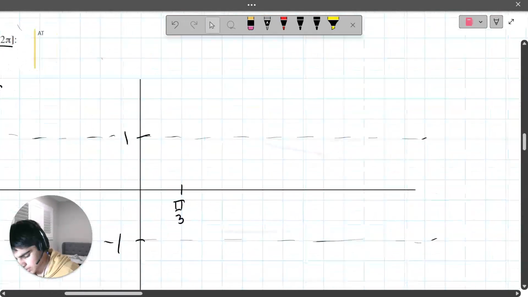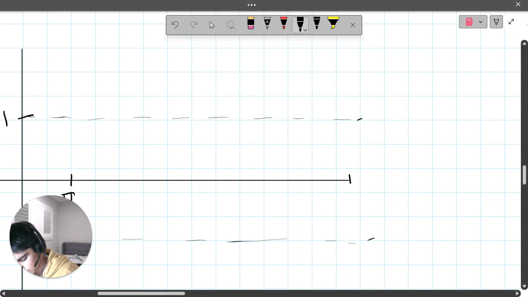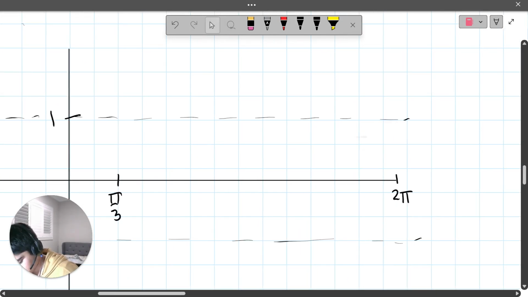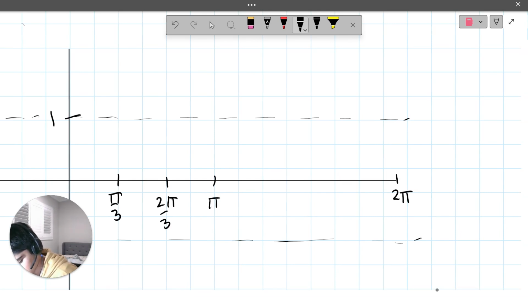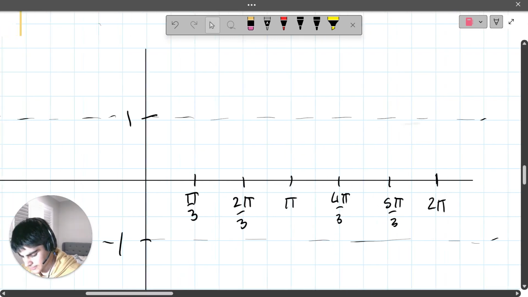And our domain is 2 pi, so it should end around here. Pi on 3, 2 pi on 3, pi, 4 pi on 3, 5 pi on 3. Let's make this 2 pi.